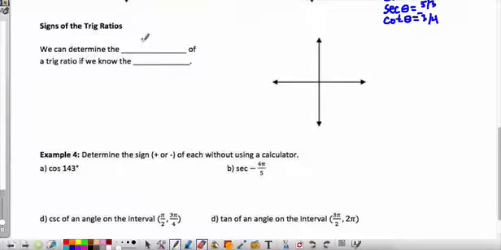All right, we can determine the sign of a trig ratio if we know the quadrant. So if we were to have an angle in this quadrant, and we have this point, well, we've already done this, so we have point (x, y). Well, both of them are positive.